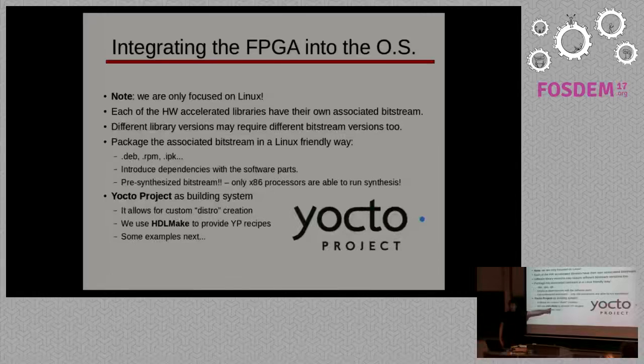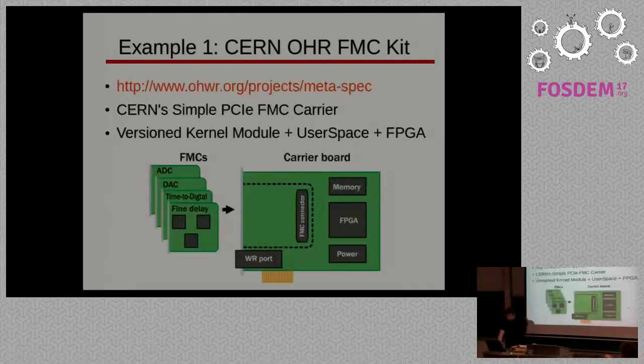And we use hdlmake in order to integrate the bit stream synthesis inside the operating system generation, so that by using hdlmake, we can generate some recipes in which we specify to Yocto project, the building system, how it needs to handle the HDL code in order to generate the package including the bit stream.